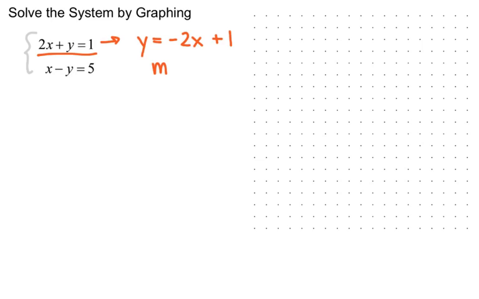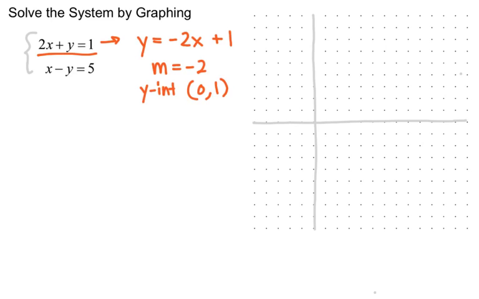Now, my slope here is negative 2, and my b value is 1, so my y-intercept is (0, 1). I'm going to go to y equals positive 1 and draw my y-intercept. Now I need to show my slope of negative 2. Remember, slope of negative 2 is the same as saying negative 2 over 1.